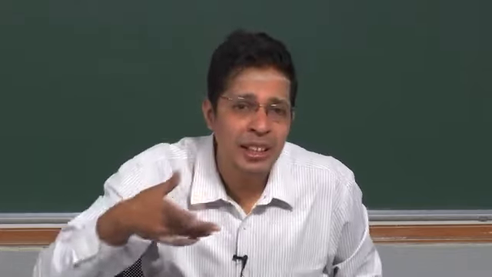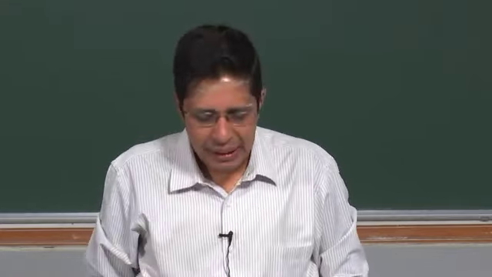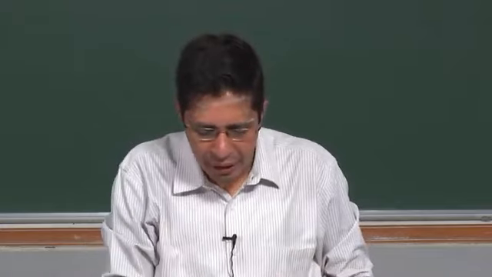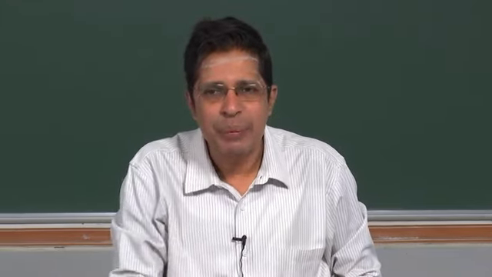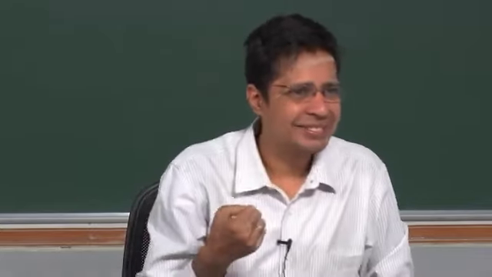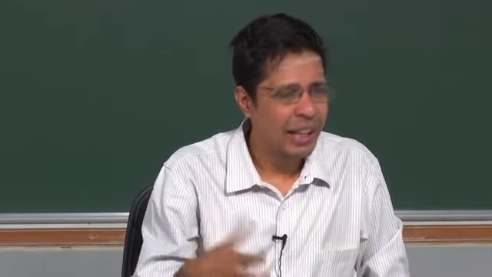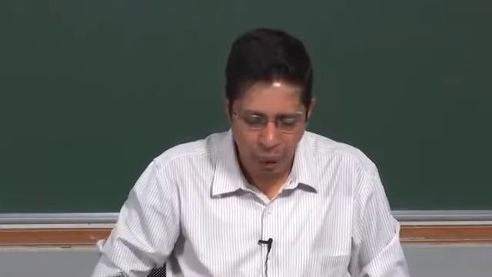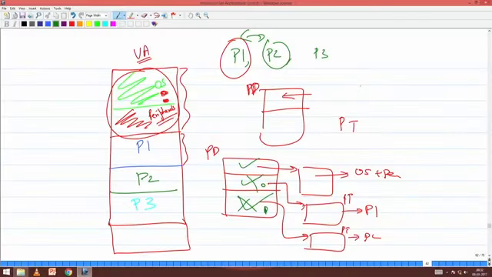Now that is also not enough, because when P1 is executing, if I just play with this valid bit, then P1 can actually go and find out where P2 is allocated. Are you able to follow? I want to also make that secret. So when P1 is executing, I will have one page allocated for the page directory alone.